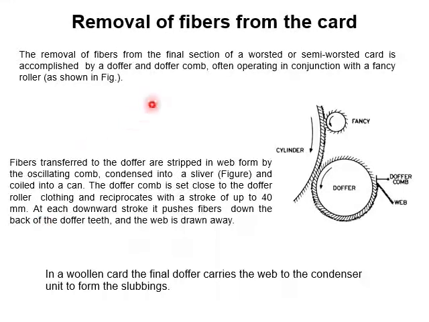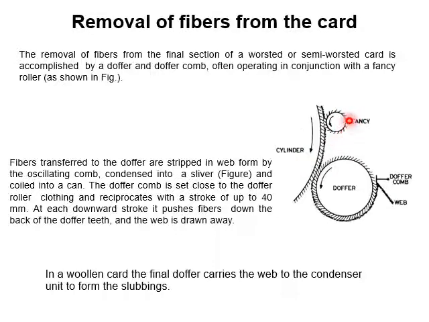Now the mechanism of removal of fibers from the card. Basically how doffing is done and how the web is formed. The removal of fibers from the final section of a worsted or semi-worsted card is done with the help of the doffer. This is the cylinder or swift.